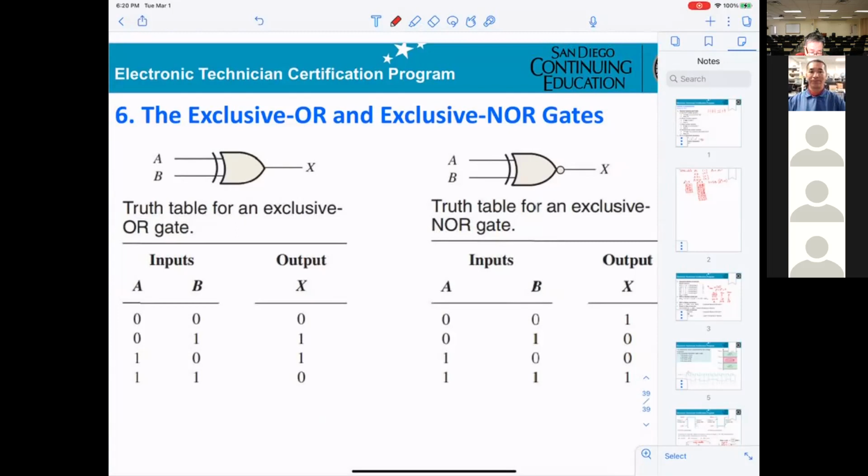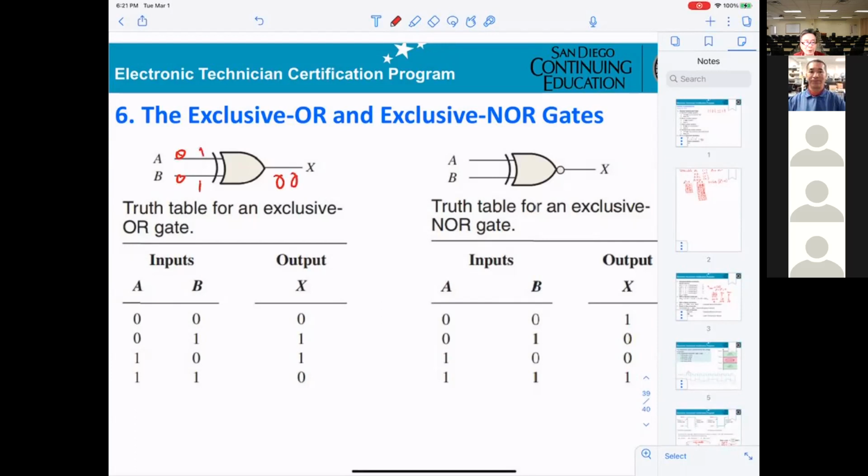So when you see this symbol, then you know the name: exclusive or. And you see the same thing, they get inverted here: exclusive nor. And this is the truth table telling you what the output is. They're just telling you, if you get the same input, output 0. What does that mean? If you get a 0 here, 0 here, output 0. If you get a 1 here, 1 here, output 0.